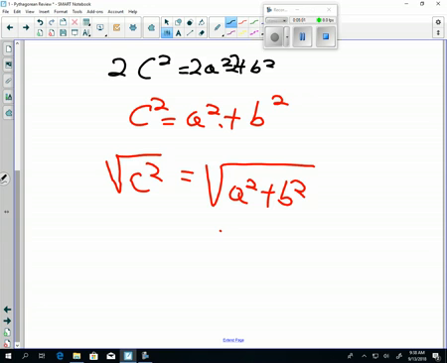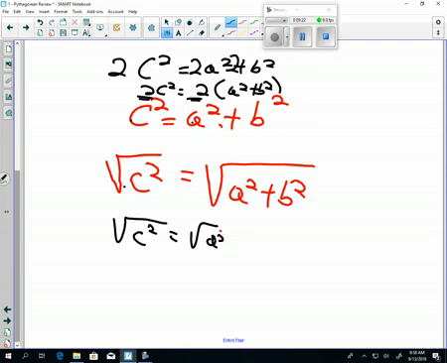So I could write it like this, or I could just make it into brackets. It means everything in here is multiplied by 2. So if this is multiplied by 2, this has to multiply by 2. So if I take the square root of this, I have to take the square root of this. That's the same thing as saying, okay, I can either write it separately or put both of them underneath it. It's the same thing.